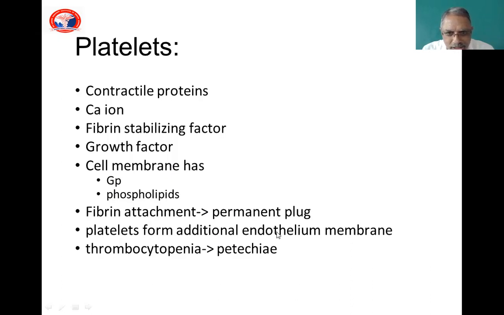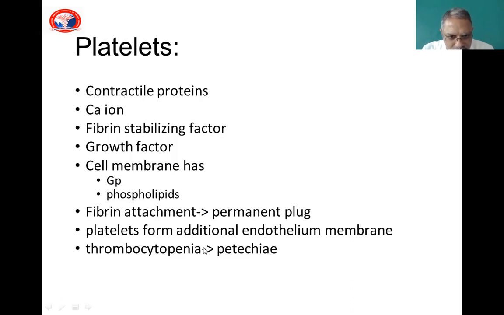Platelets form additional endothelial membrane. When the endothelium is damaged, the membrane is lost, and this causes platelet adhesion. Platelets provide the additional membrane to the lost membrane of the endothelium.